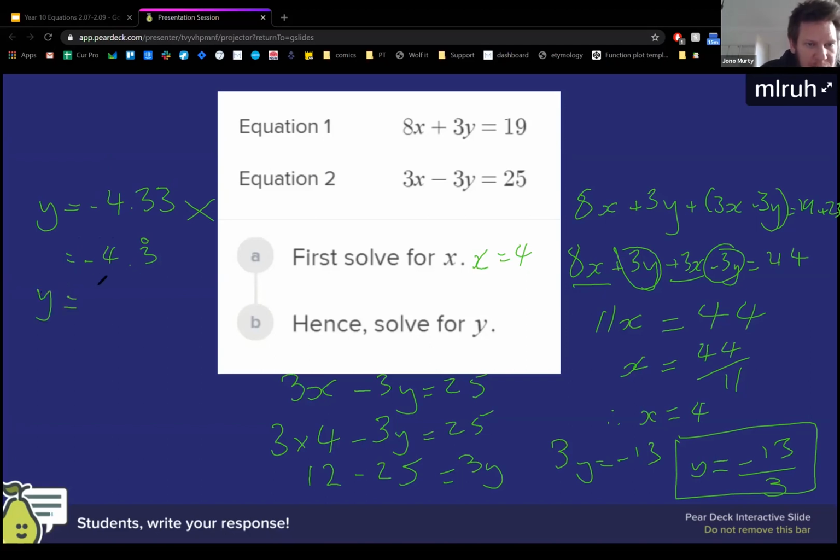But in algebra, it is best to just leave your answer as fractions in most cases. So minus 13 on 3 is correct, or minus 4 1/3 would also be marked correct. Be careful, never round unless it asks for it. It's cases like this in algebra that it probably comes up the most, because you want to just give a nice concise answer.